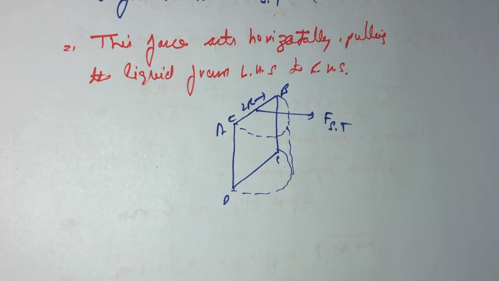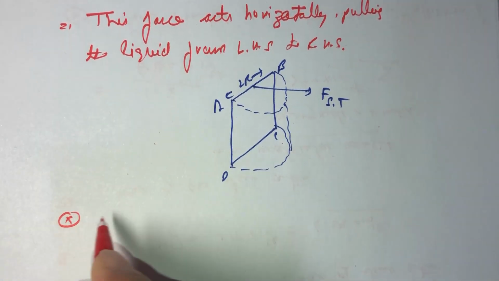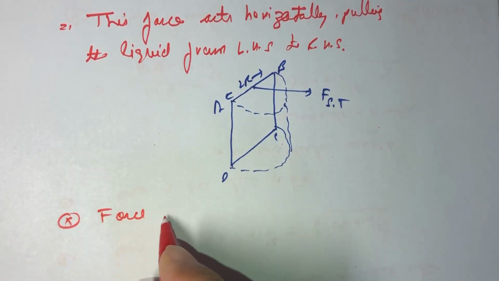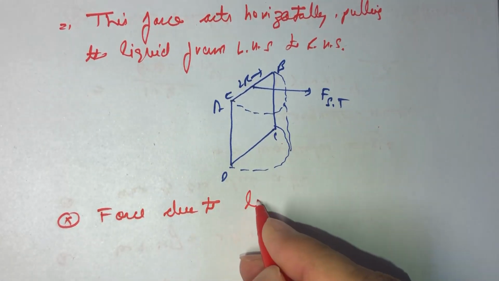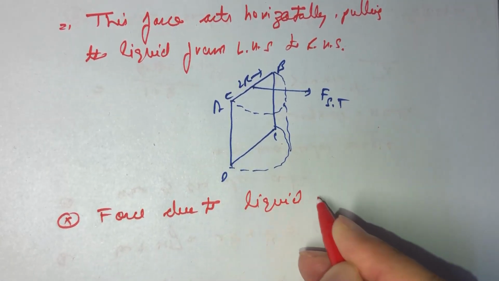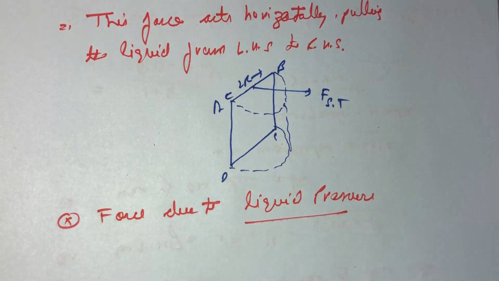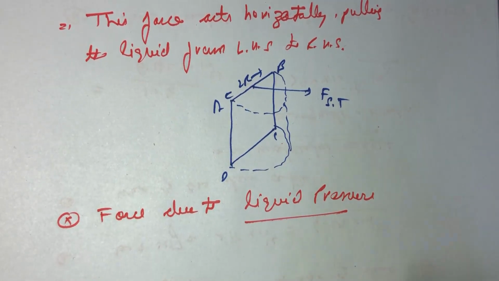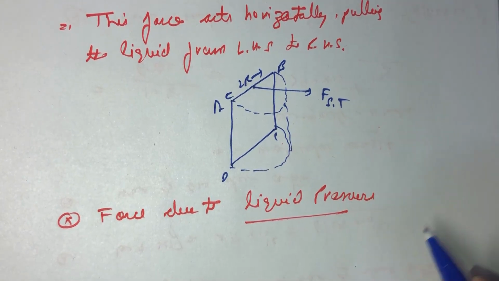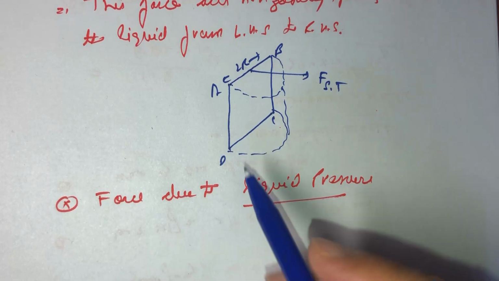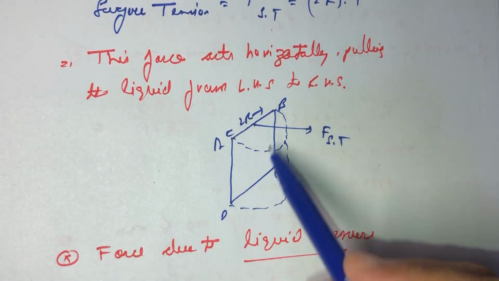Now the second is force due to liquid pressure. We have to find out the force due to liquid pressure on this entire ABCD.